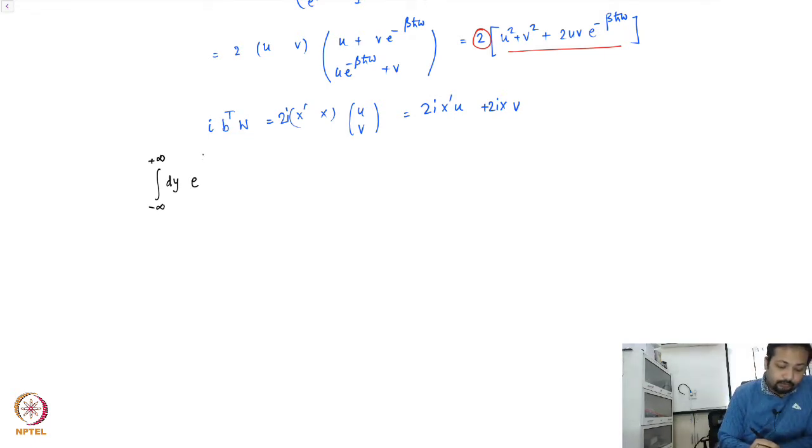e to the power minus half lambda square y plus lambda y is just going to be square root of twice pi over lambda.